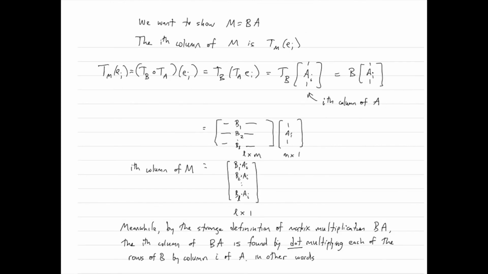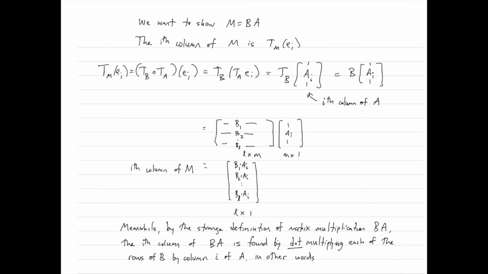All right, to show that M is equal to B times A, what we're going to show is that the ith column of M equals the ith column of this product B times A. Now, the ith column of M is M times e_i, the ith standard basis vector, which is the same thing as T sub M applied to e_i. That's a fact we saw in a previous video that's used repeatedly: to pick out the ith column of a matrix, you multiply the matrix by the ith standard basis vector.